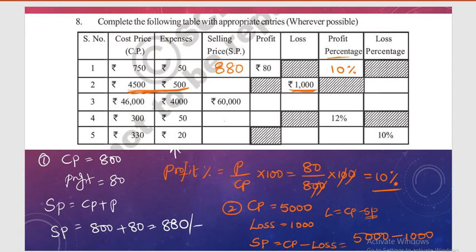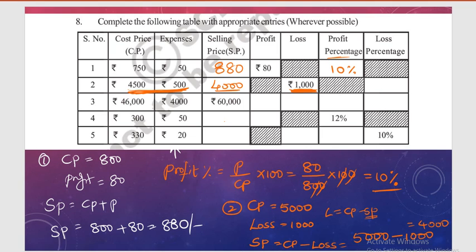So 5000 minus 1000 is 4000. So clearly he has sold it for 4000 rupees. For 5000 he bought and he sold it for 4000. That means clearly he is incurring a loss.